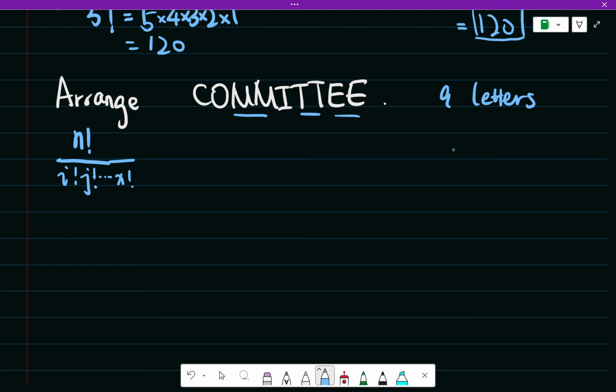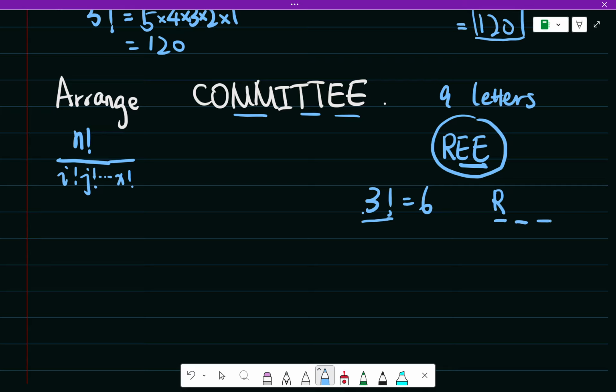And a simple example would be if we're arranging REE, these 3 letters, we could use 3 factorial and we will get 6 because there are 3 letters. However, we have 2 E's right here. So when we are using 3 factorial, we are assuming all these are different. So for example, if we have 3 positions, in the first position we can choose R to put in there. And the second position, since we already chose R, we have E and E left. So we can put an E in here.